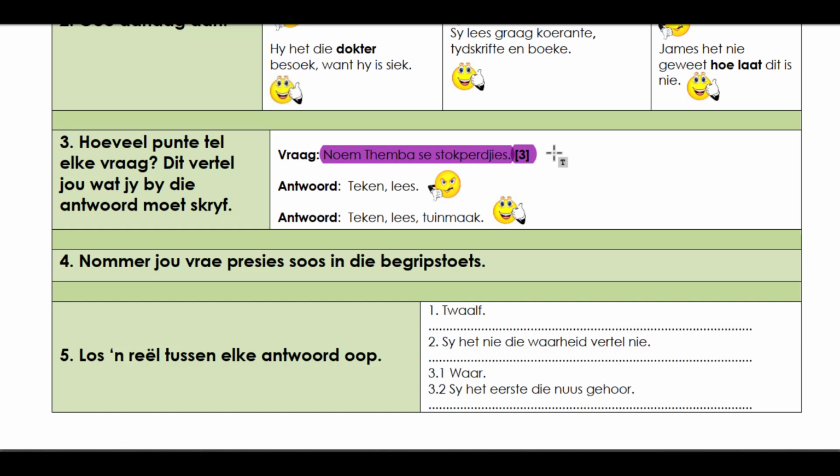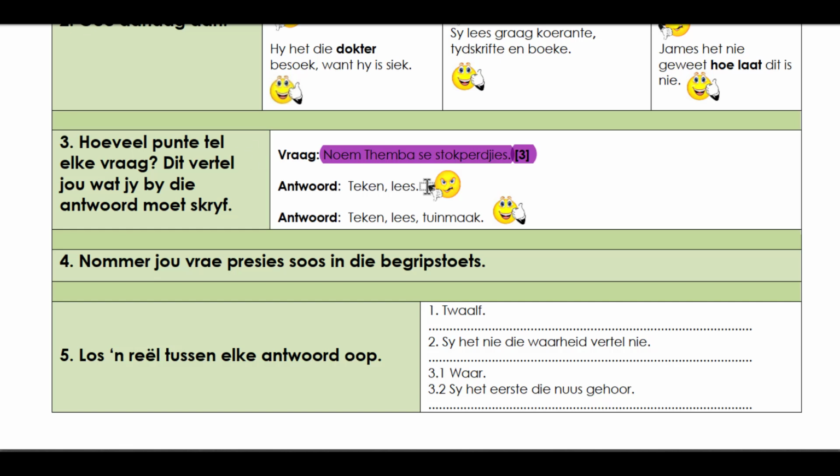So let's say the question, for example, is what are Themba's hobbies? They haven't specifically told you how many hobbies to list, but the mark allocation says 3. This means that you need to list at least 3 of Themba's hobbies in order to get the marks. You can't just say his hobby is playing guitar. That will only get you 1 mark.